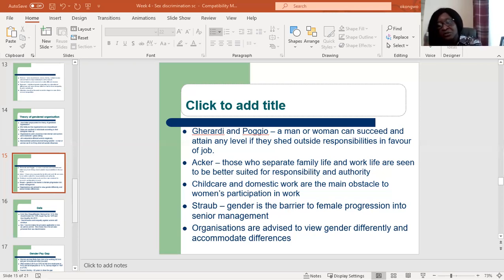Organizations are advised to view gender differently and accommodate differences, bearing in mind the dominant male nature of society. So things like caring responsibilities need to be balanced between men and women, so that equality can be achieved.